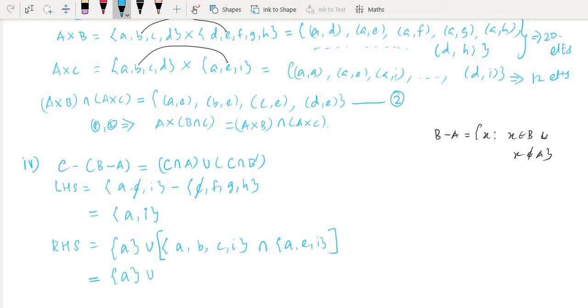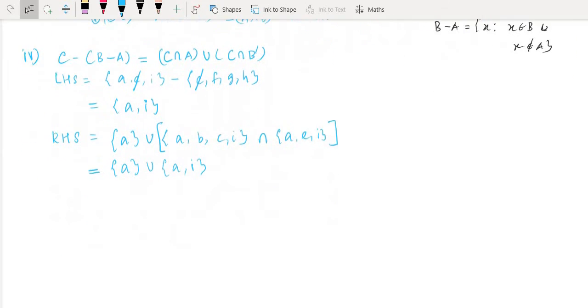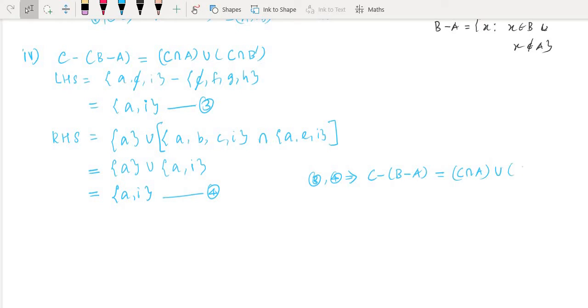The common elements for these two sets are A and I. So if I take the union for these two sets, it will be A comma I. Let this be equation 3 and let this be equation 4. So from 3 and 4 we have C minus B minus A is equal to C intersection A union C intersection B dash. Okay, fine.